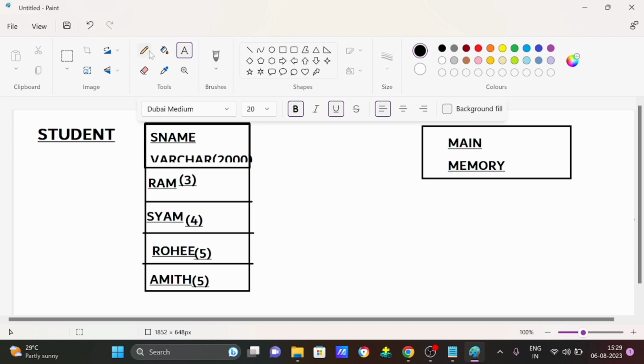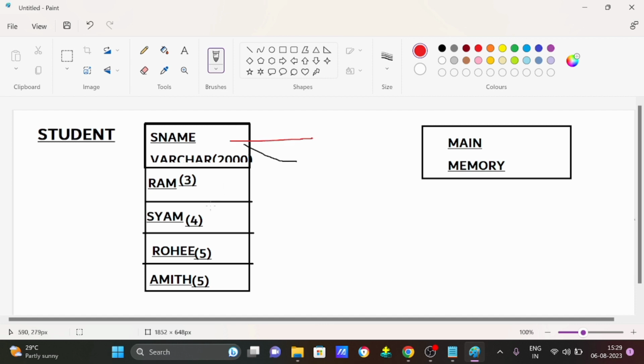Here, for student name Ram, I've used only three characters, or we say three blocks of memory, and from the main memory the remaining 1997 blocks of unused memory are taken back by the main memory in varchar of size data type.